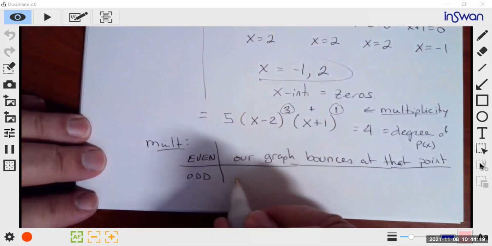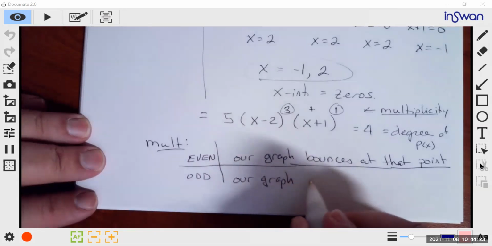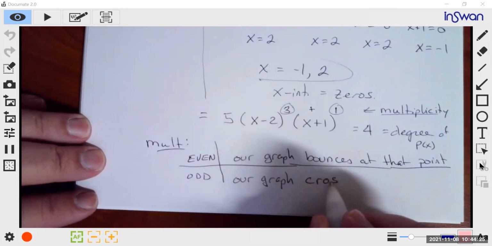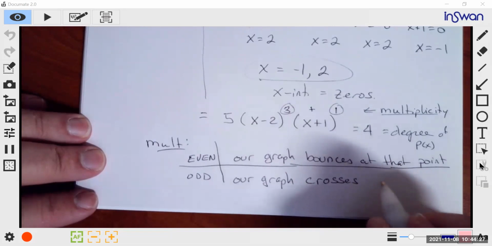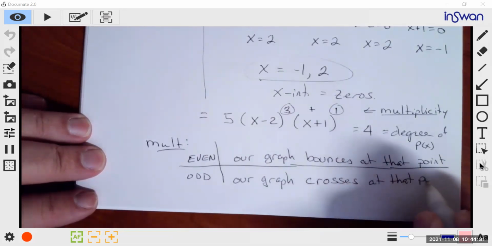If it's odd, our graph crosses at that point.